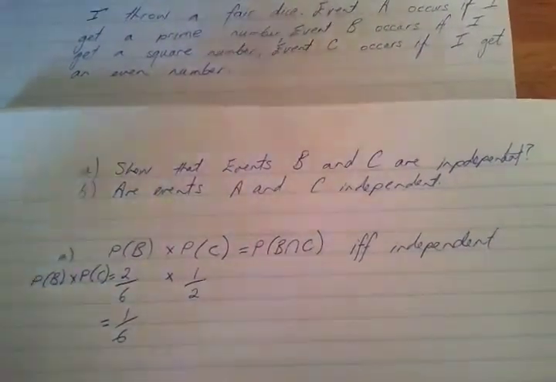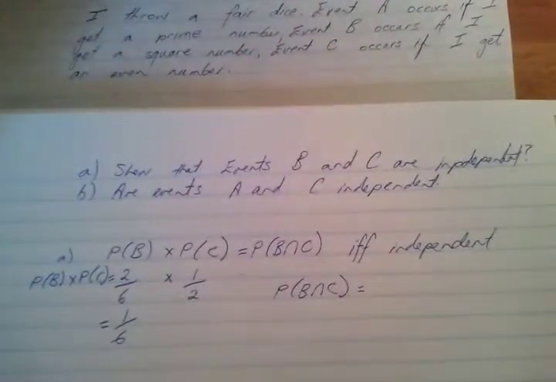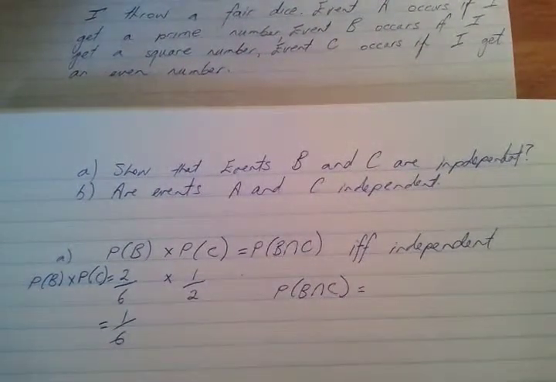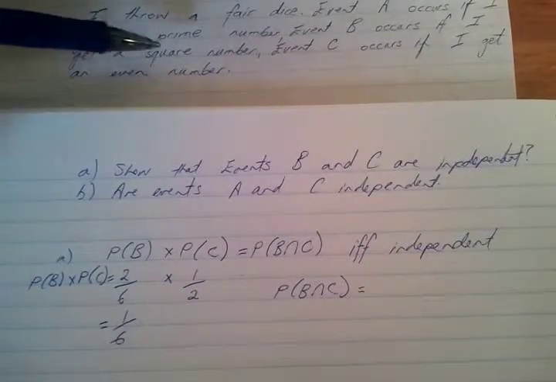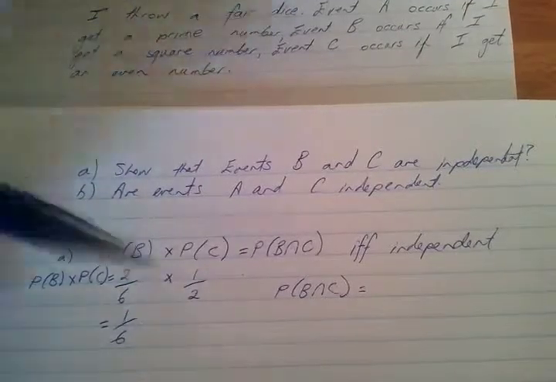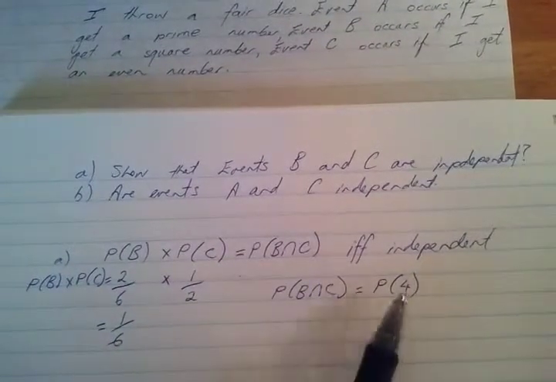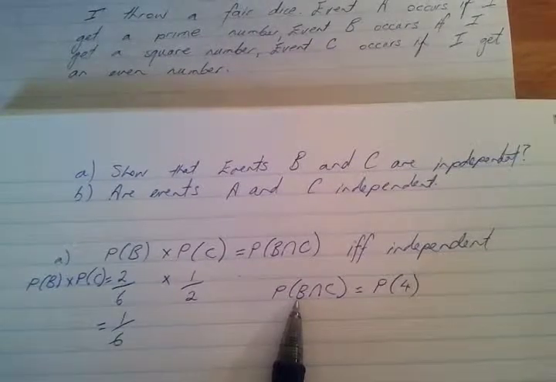Now if we also look at the probability of B intersection C, this is where both conditions are met. Event B is getting a square number, so that's 1 and 4, and event C is an even number, so that equates to the probability of getting a 4. If we get a 4, it's an even number, and it's part of event B, a square number.